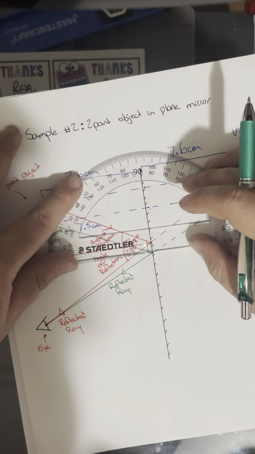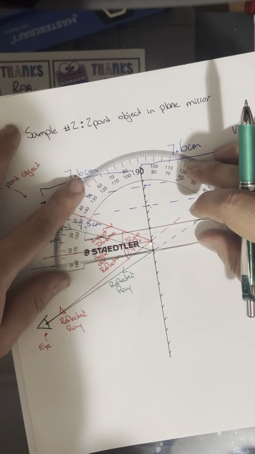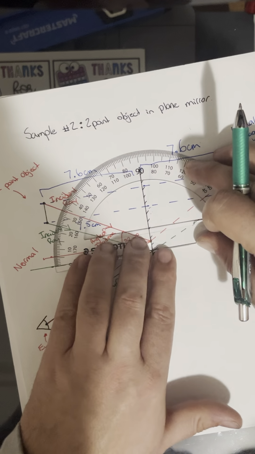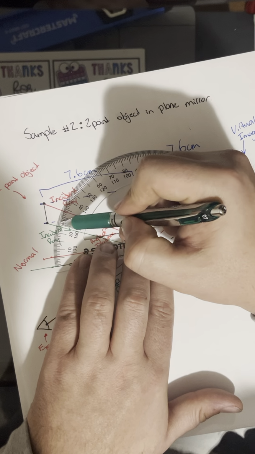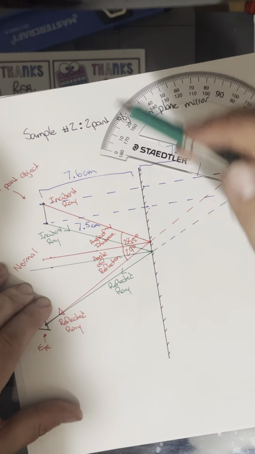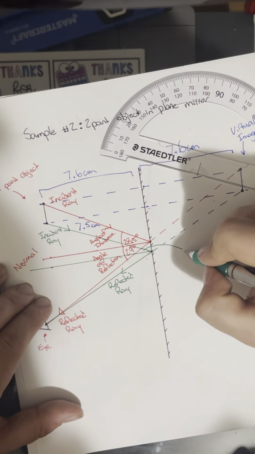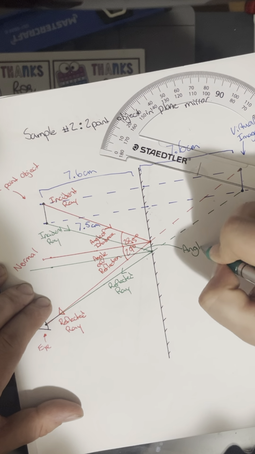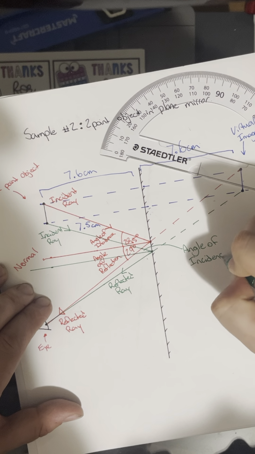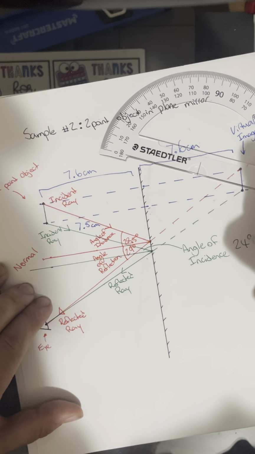Taking that, putting my protractor back on top here, making sure it's nice and easy at that point that intersected, I'm going to see that this is approximately 24 degrees. So my angle of incidence is 24 degrees.